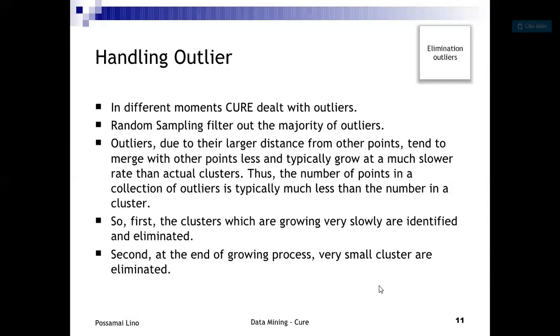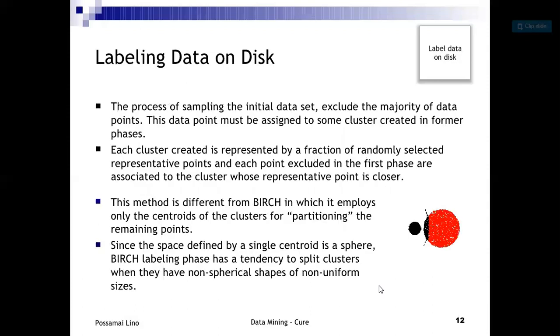So the clusters which are growing very slowly are identified as outliers and eliminated. And at the end of the growing process, very small clusters are also eliminated and considered outliers. So this technique is very efficient in handling outliers.